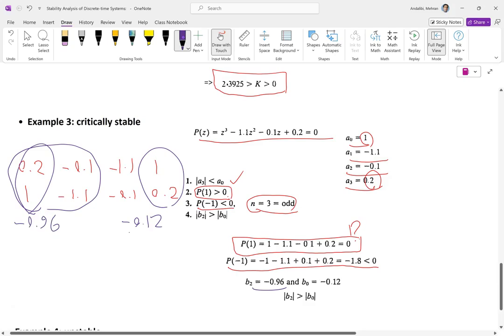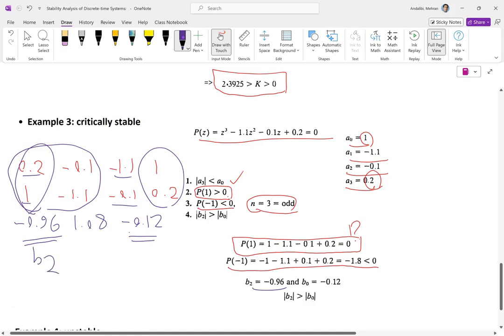That is this one. And B1 here doesn't matter, but if you want it, it's that 0.2 and 1 and negative 1.1 and negative 0.1. So that's like negative 0.2 and positive 1.1. So you're going to get 1.08.